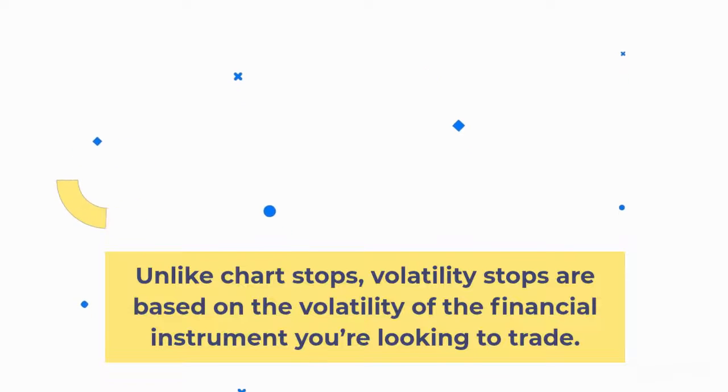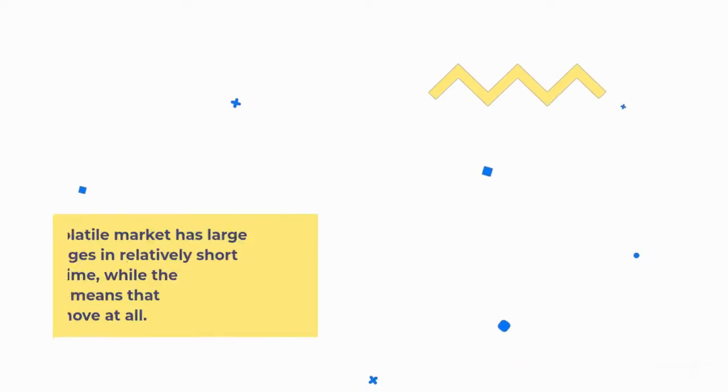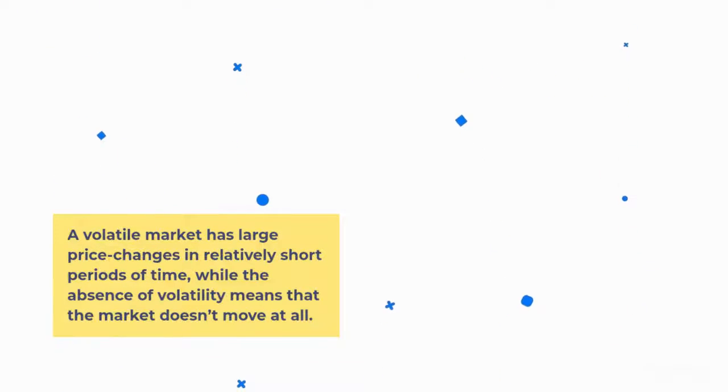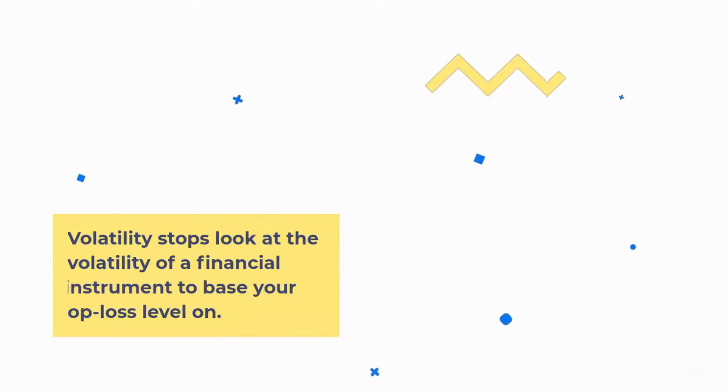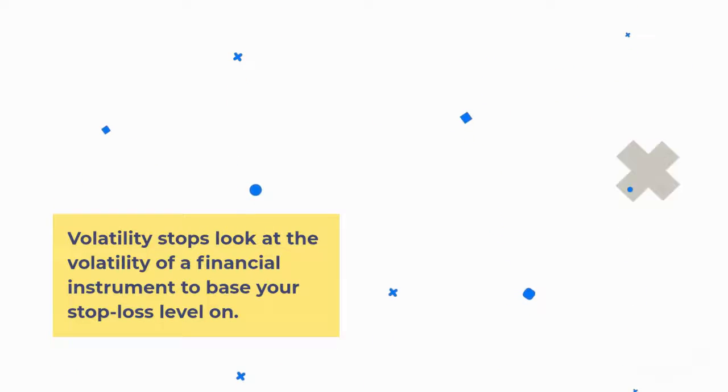Unlike chart stops, volatility stops are based on the volatility of the financial instrument you're looking to trade. A volatile market has large price changes in relatively short periods of time, while the absence of volatility means that the market doesn't move at all. Volatility stops look at the volatility of a financial instrument to base your stop-loss level on.